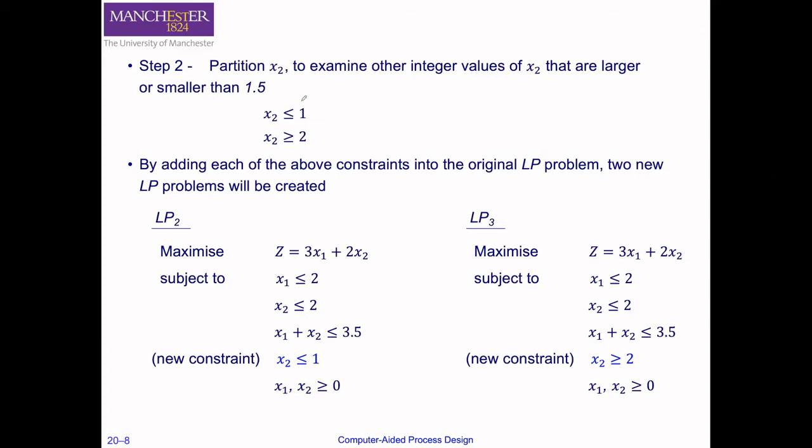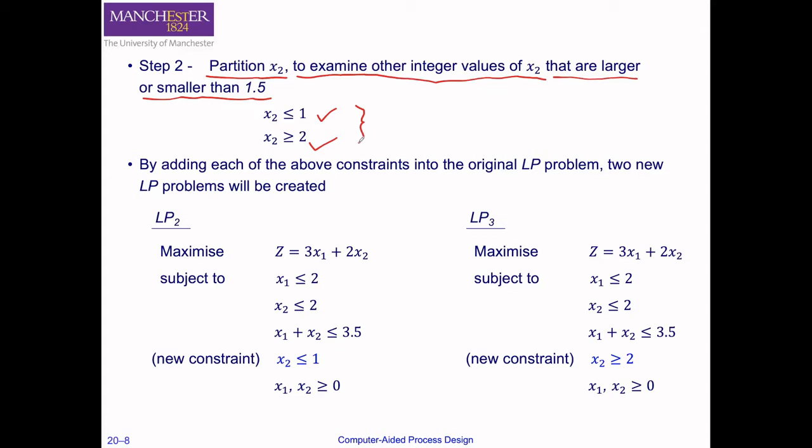That means we need to partition x2 to examine other integer values of x2 that are larger or smaller than 1.5. So we divide all the possible solutions of x2 into two subsets. One is x2 is less than or equal to 1. The other subset is x2 is greater than or equal to 2. Then we have these two constraints.